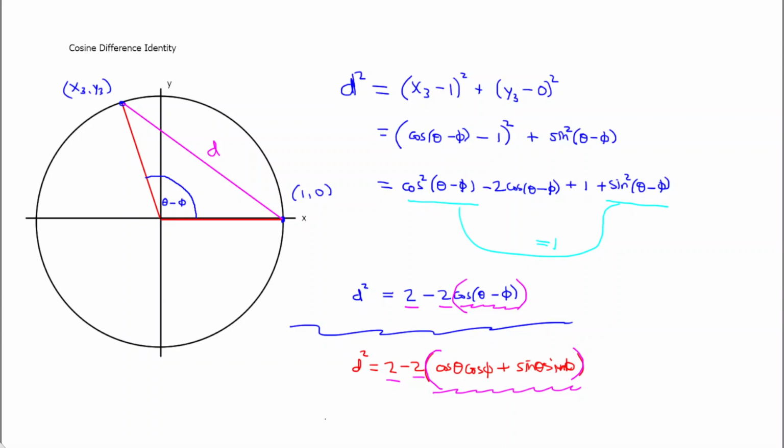So what we're finding now is if d squared is equal to d squared, which it should be, then we're finding our cosine difference identity to be cosine theta minus phi equals cosine theta cosine phi plus sine theta sine phi.